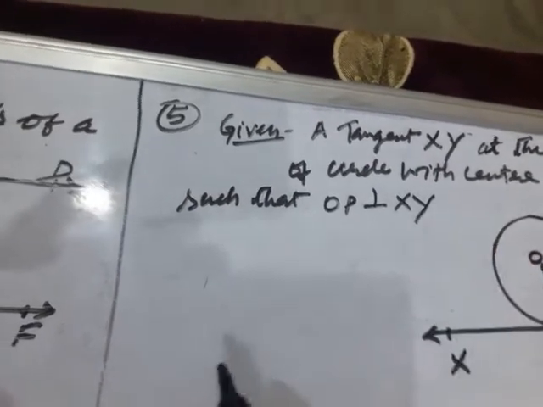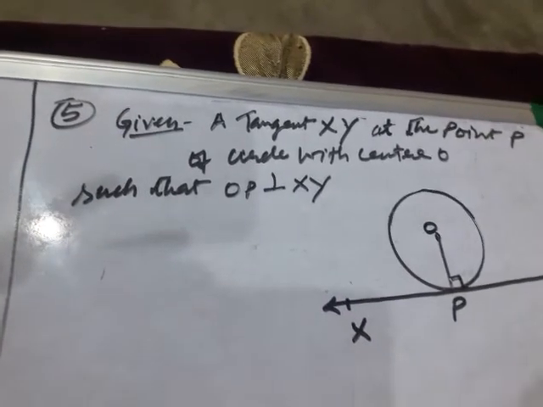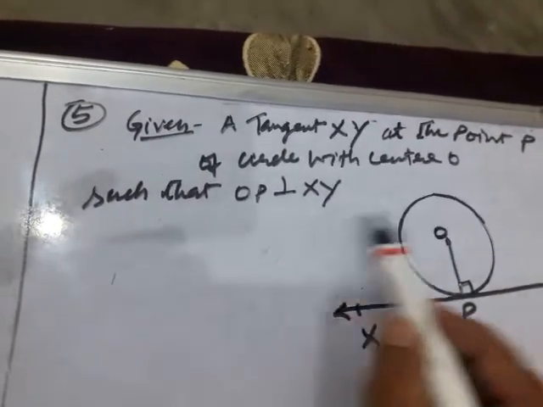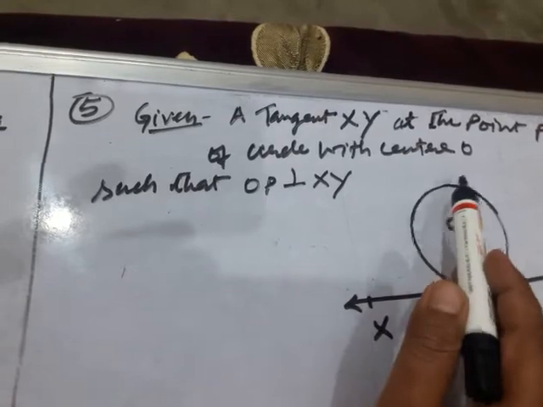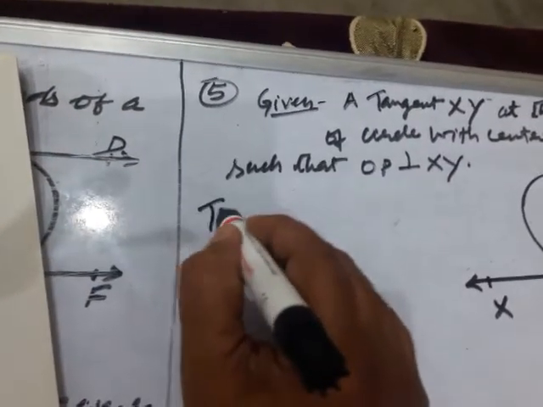It is given, right? Clear? What is given? A tangent XY at the point P of a circle with center O, such that OP is perpendicular to XY.